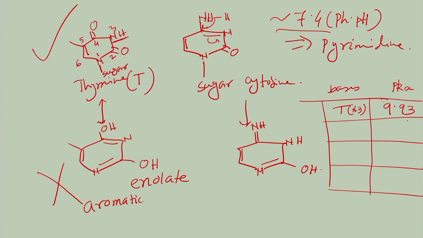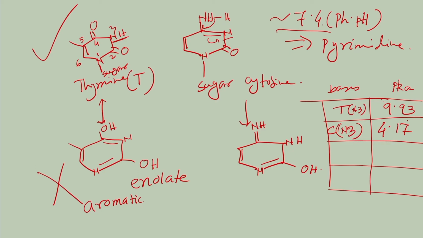Similarly, if you look at cytosine, cytosine also has N3, and that N3 of cytosine has a pKa value which is 4.17. Now, again this means that above 4.17 it will stay as deprotonated form, and physiological pH is 7.4.